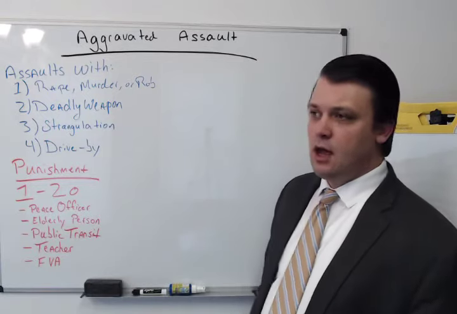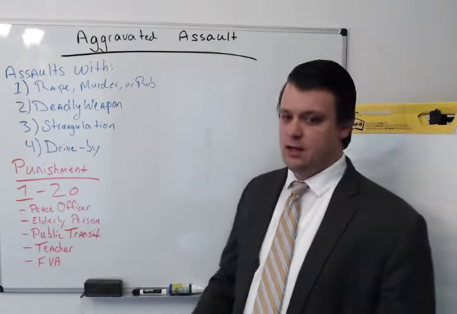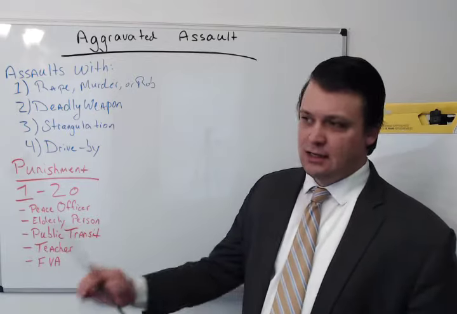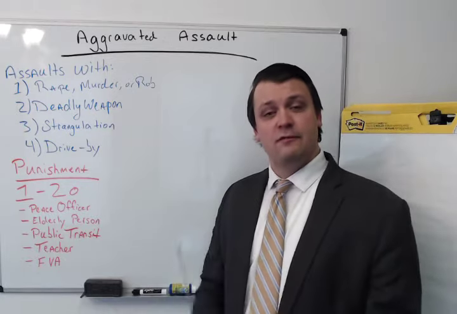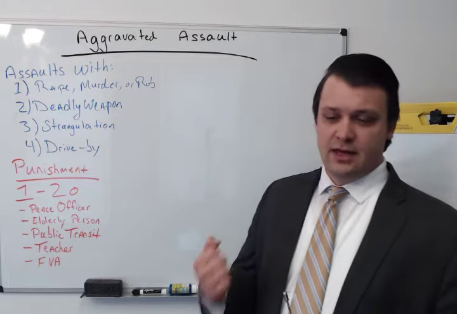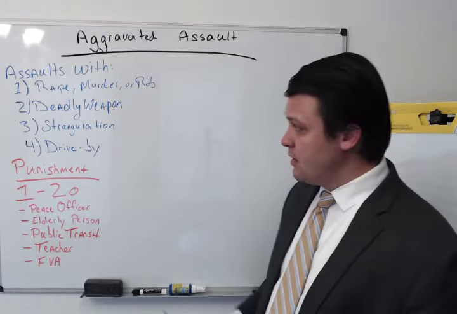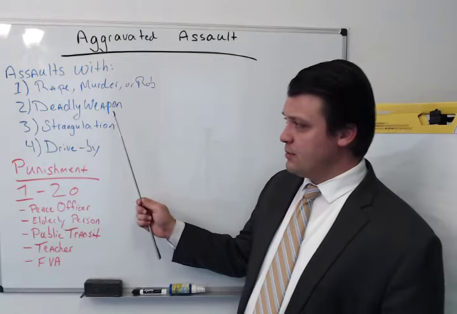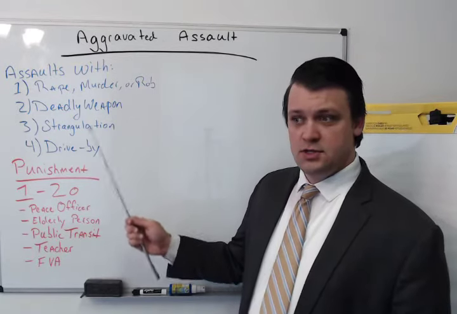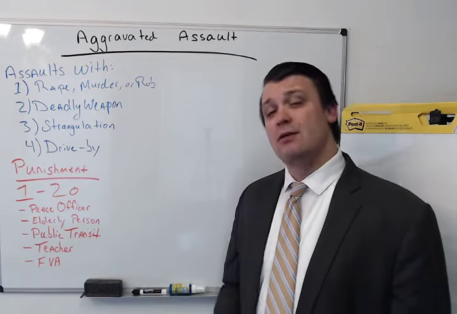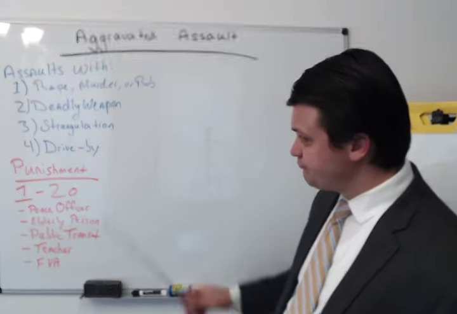This can be almost anything, right? It can be bats, lamps, fists. Feet have been held to be things that when used offensively can cause serious injury, etc. Almost any type of assault using anything, including your hands, can be an aggravated assault.